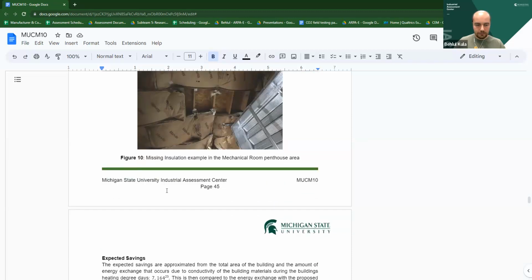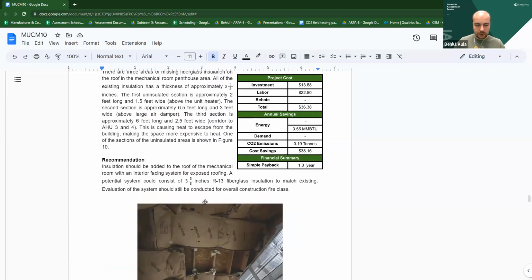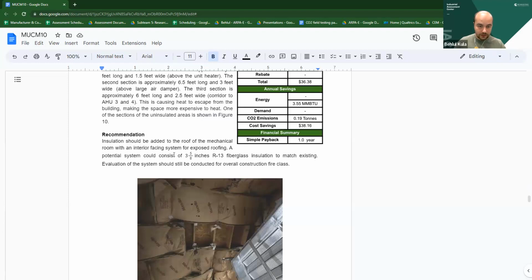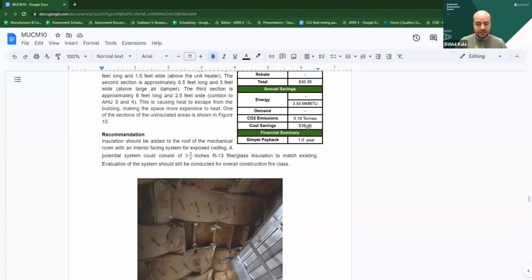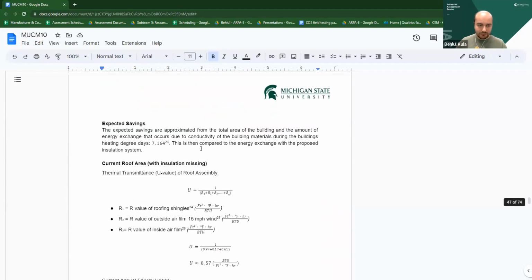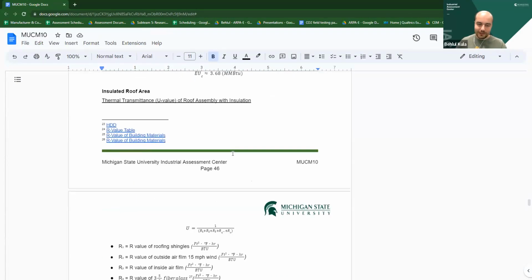But there are some parts that are missing roof insulation. So we are recommending you fix them or add insulation to those missing parts. The savings are around $40 per year, but again, the installation is very easy for that one.